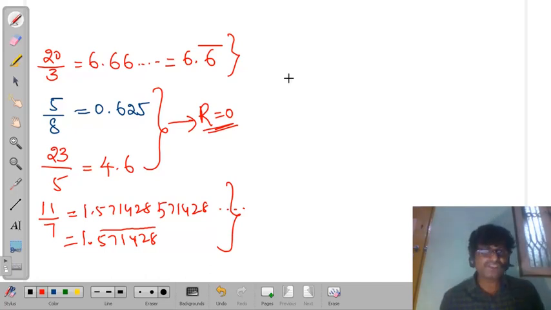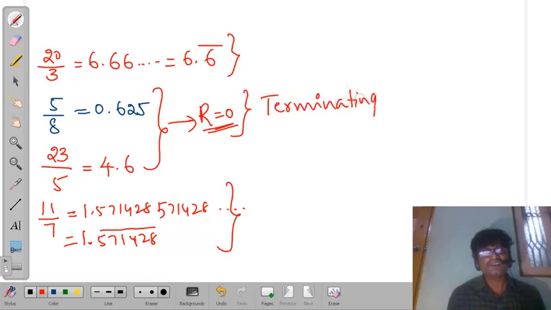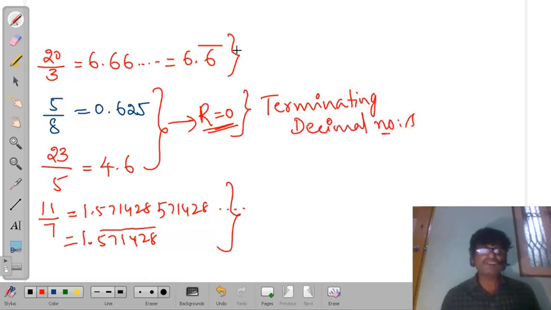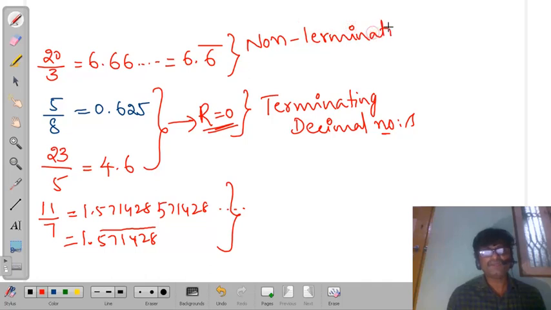So when the remainder is equal to 0, these types of decimal numbers are said to be terminating decimal numbers. The remaining two are called non-terminating decimal numbers.